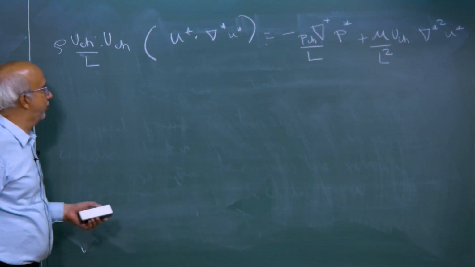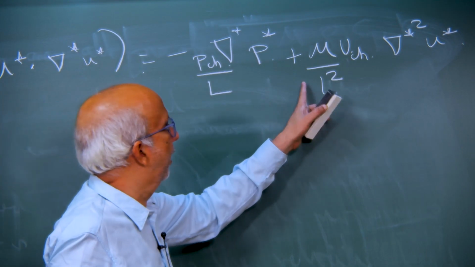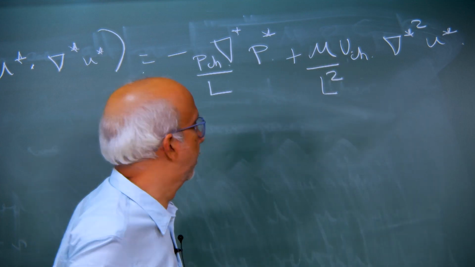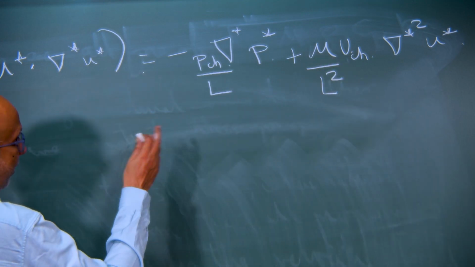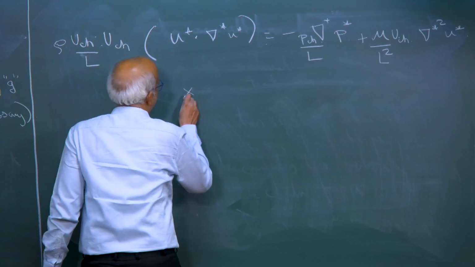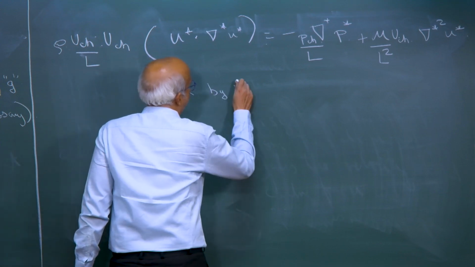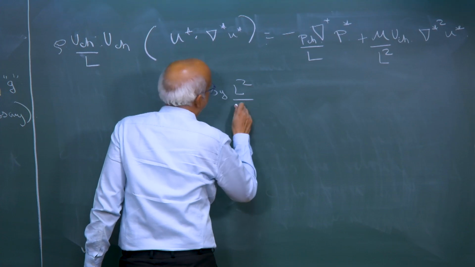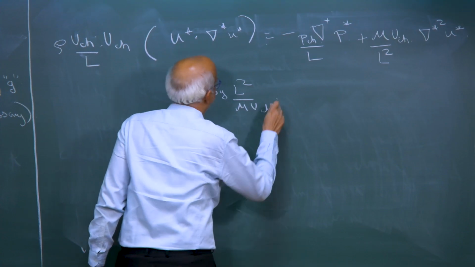So, what I am going to do is I am going to multiply by L squared by mu u characteristic.